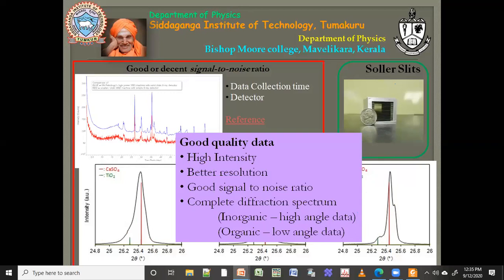You don't have to do these things for all samples. For example, if you are preparing a sample by varying conditions, say by the solid state method, heating or treating it at different temperatures, maybe around 800, 1200, trying to form a compound, for example barium titanate.